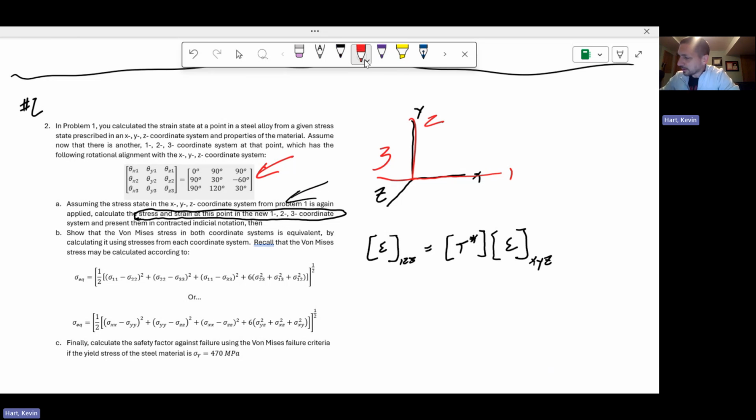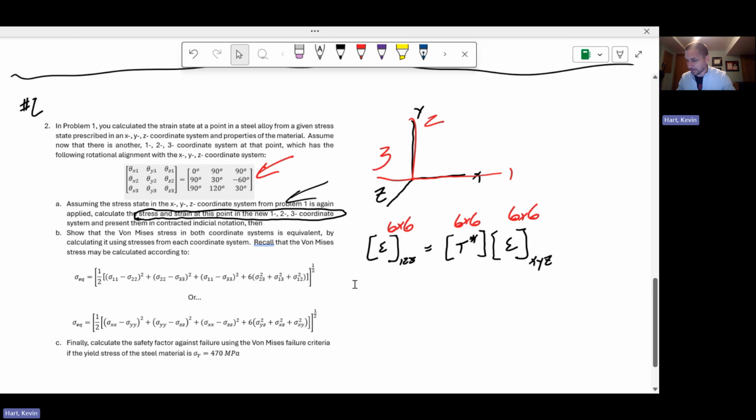These transformation matrices are quite complicated, and they're a lot to calculate.